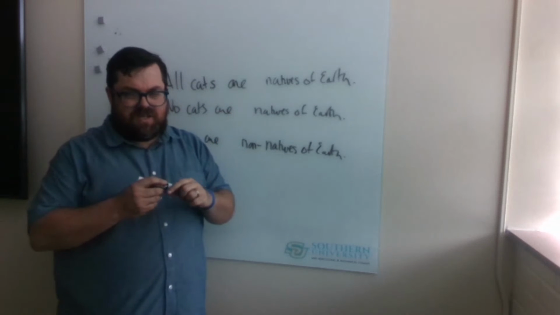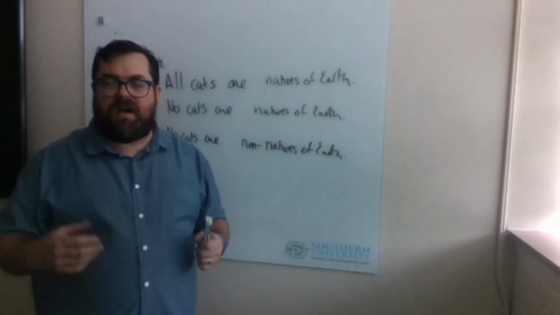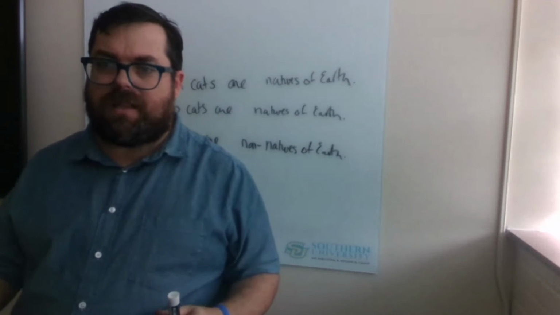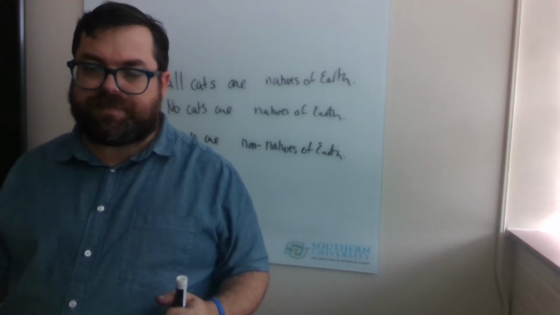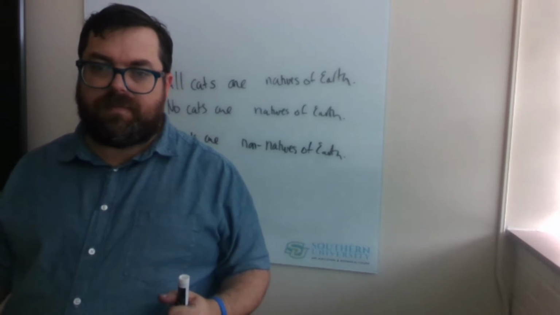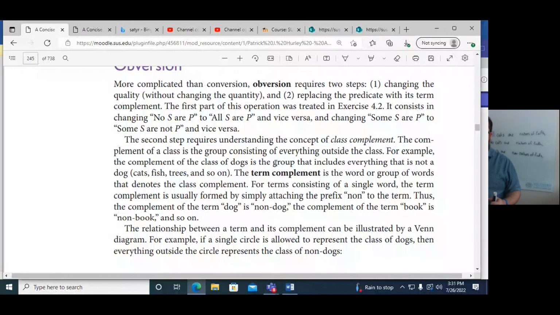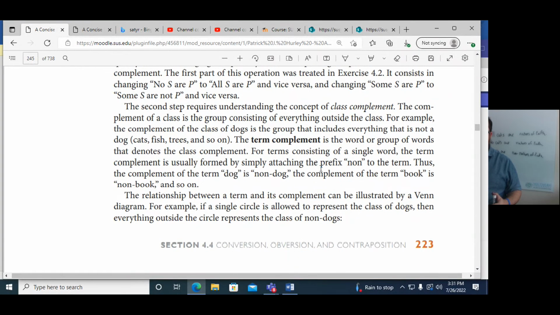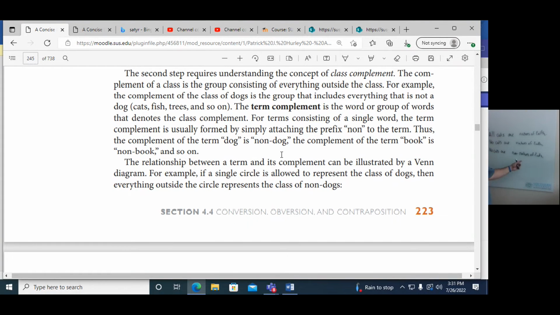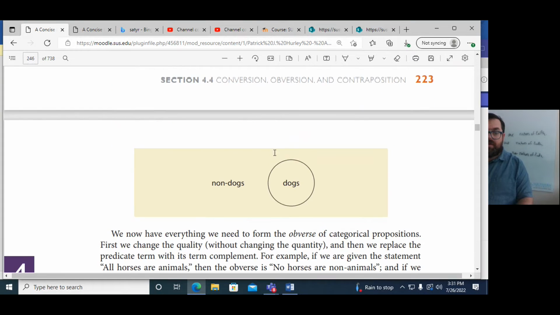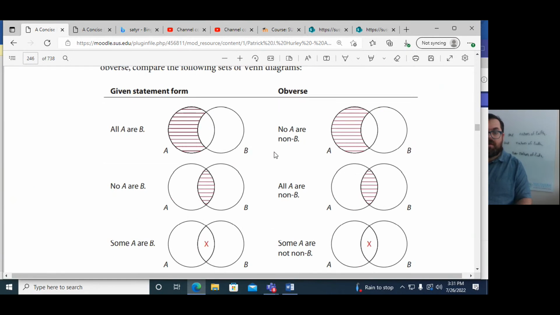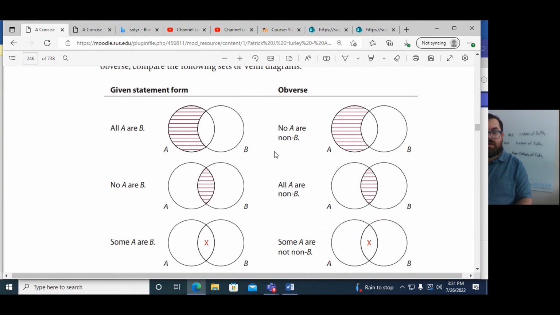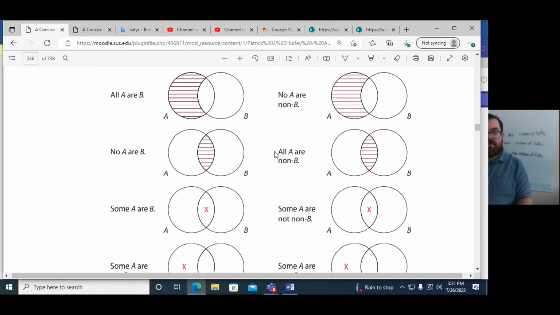And that's the distinctive feature of obversion. Let's take a look at the picture. You'll see what I mean. The term complement is just adding the word non to the term, and so the term complement here would be non-natives of Earth. All cats are natives of Earth.